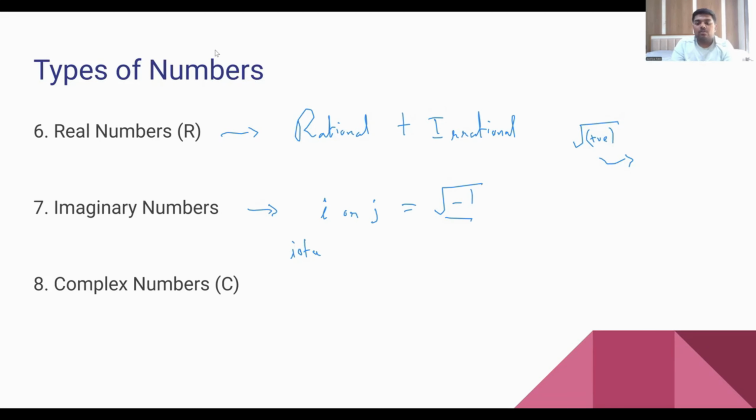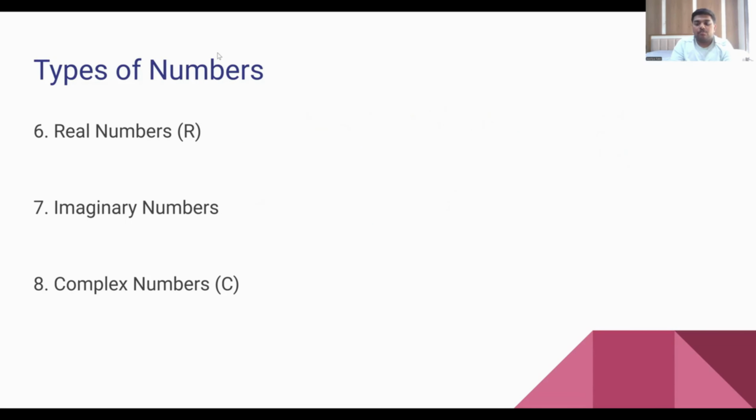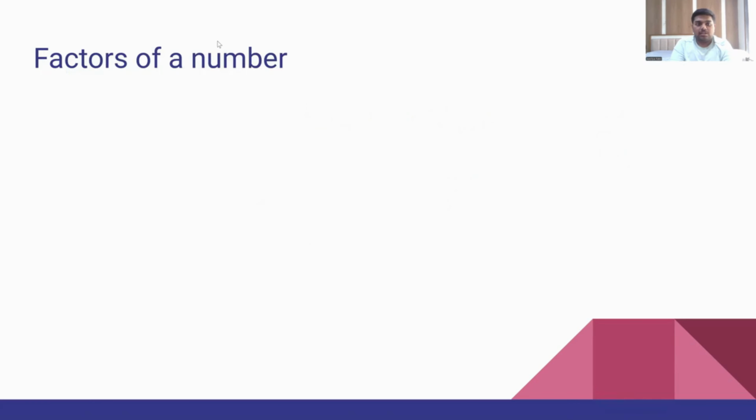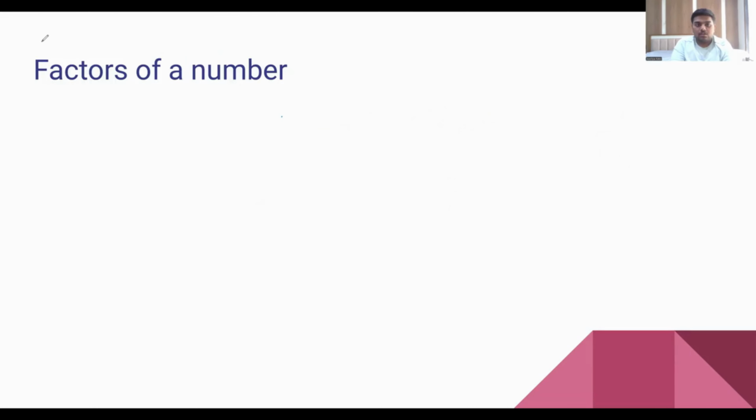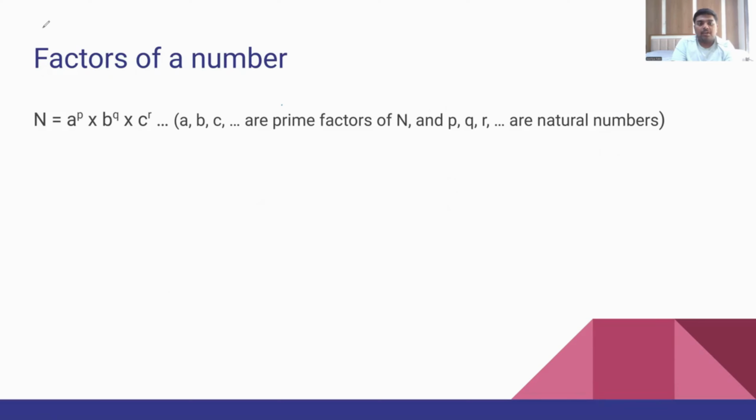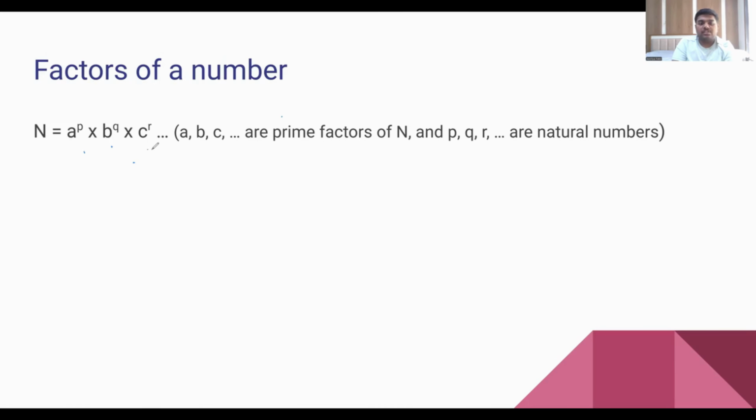And now we will look at the second half of our video, which is factors of a number. So as already explained, what are factors of a number? So let us consider a number n of the form a raised to power p into b raised to power q into c raised to power r and so on, and a, b, and c are prime factors of n.